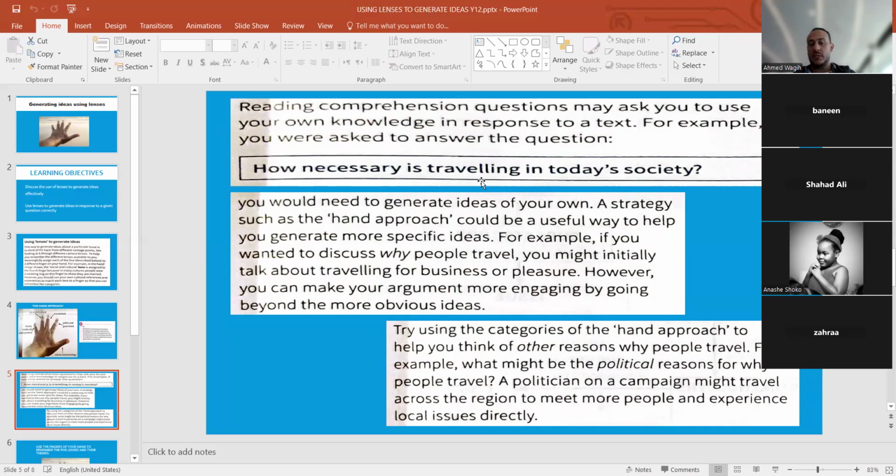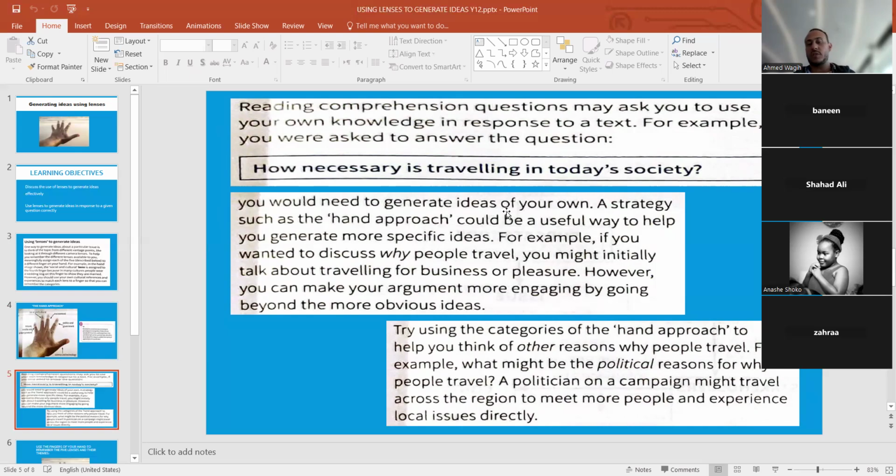How necessary is traveling in today's society? So he's focusing mainly on what? Traveling in today's society. There's the word traveling and the words today's society.